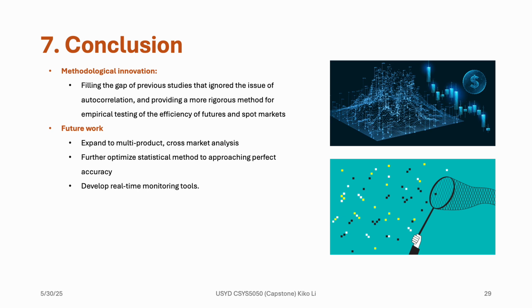In addition, further optimizing the statistical methods to approach perfect accuracy could help people know and approach the true side of the market from the perspective of data. Knowing the relationship between two markets is crucial for regulators, especially in monitoring market movements.